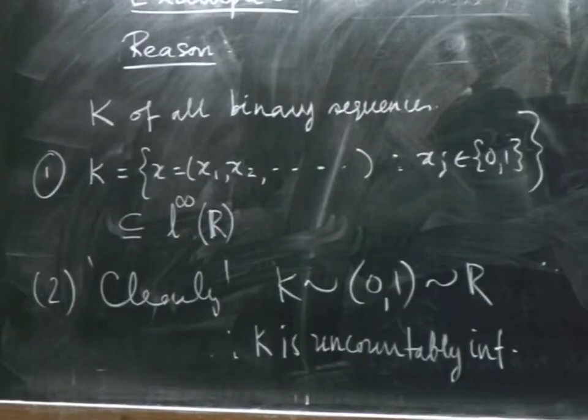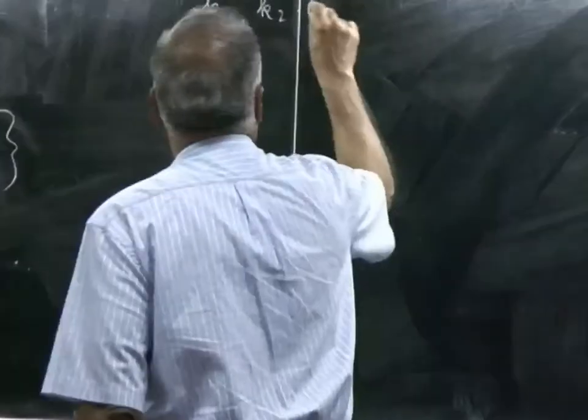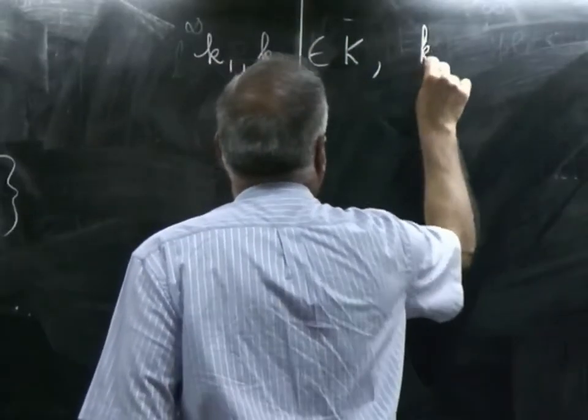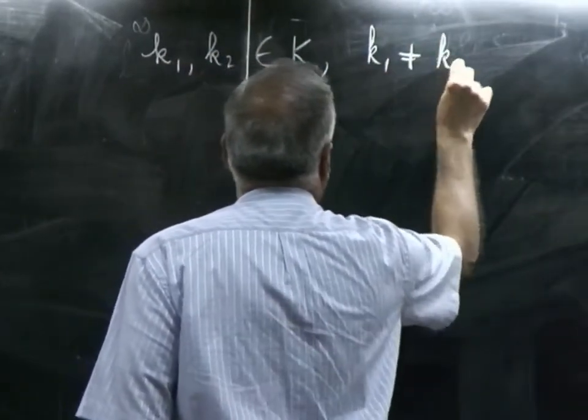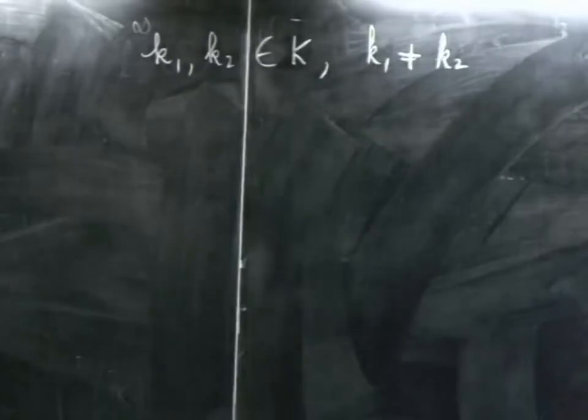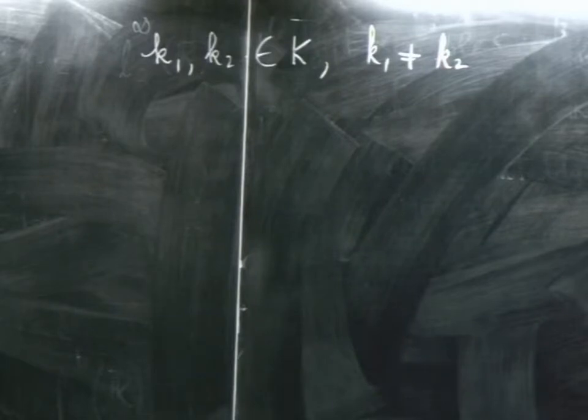Now suppose I take k1 and k2 in K, two different elements. Suppose I take two distinct binary sequences. What will be the distance? At least one coordinate will be different. If this one is 0, that one is 1.